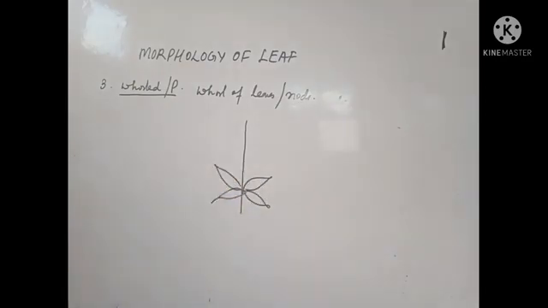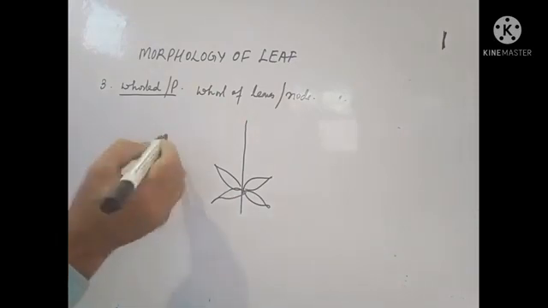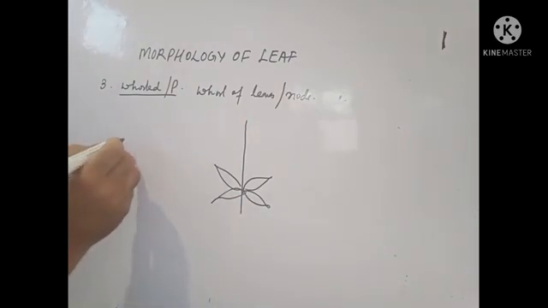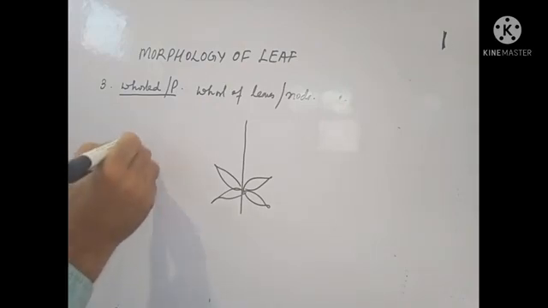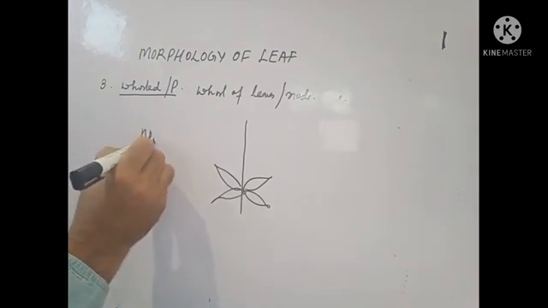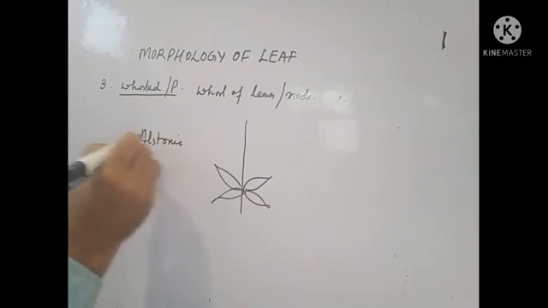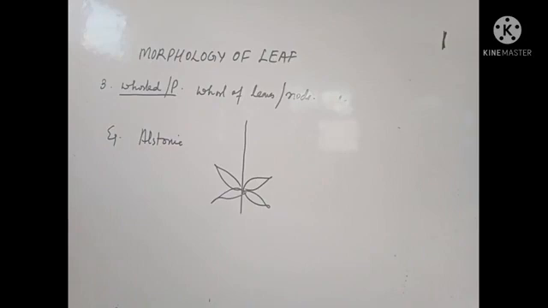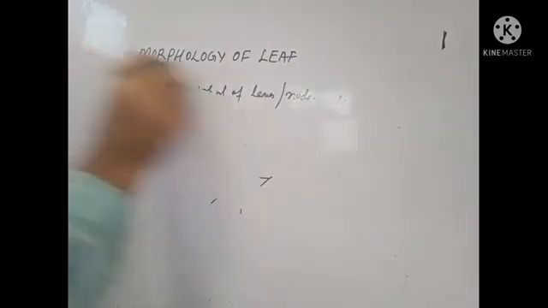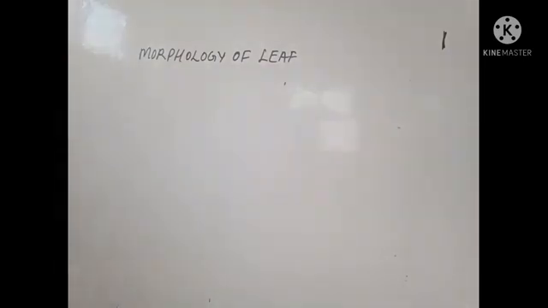At each node we see a whorl of leaves. We can see this type of phylotaxy in Alstonia. So example is Alstonia. That was the arrangement of leaves on stem. Now we will study the structure of a leaf.